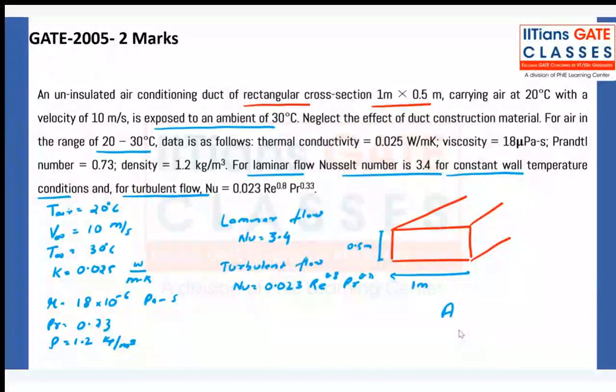This is not circular, no. This is rectangular. Yeah, hydraulic. Means we are calculating Nusselt number based on the hydraulic diameter. Yes, that is hydraulic only. So that we have already calculated, no? DH we have calculated here.